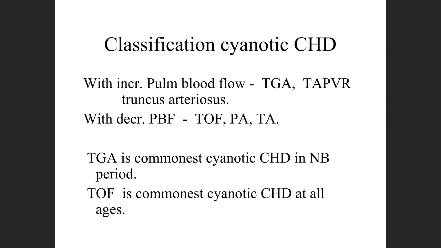I'll talk about this and illustrate it a little later. In fact, what you have is oxygenated blood coming back from the pulmonary veins, mixing with deoxygenated blood in the right atrium, and the patient is cyanosed.